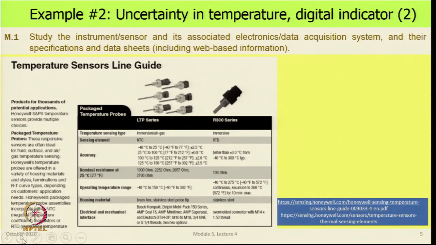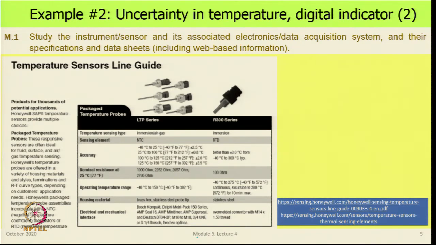So, let us see the first step in our procedure: study the instrument, sensor and its associated electronics and data acquisition system and their specifications and data sheets, including web based information.